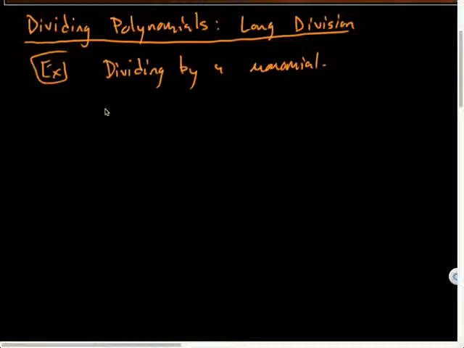So let's say I was taking the following. What if I have 6x cubed y squared minus 18x squared y plus, I don't know, 32xy cubed?